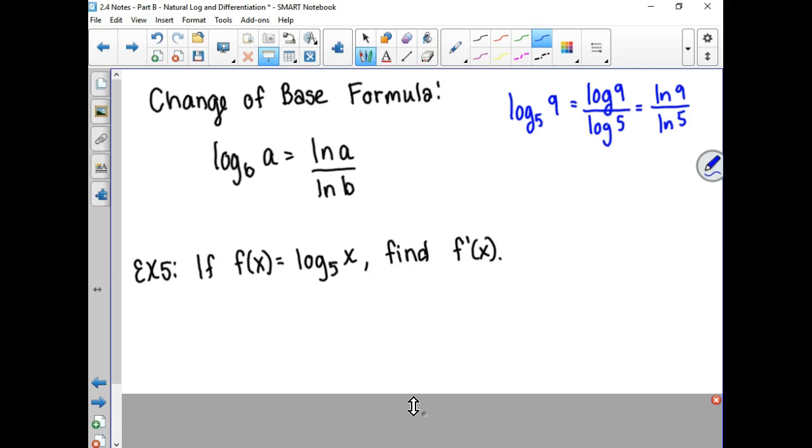But what we can do is I can change this to natural log of x over natural log of 5. Okay? And then this is really helpful because natural log of 5 is a number. I could type it into my calculator, it would give me a number, right? So natural log of 5 is actually like a scalar multiple. What you really have here is 1 over natural log of 5 times the natural log of x.